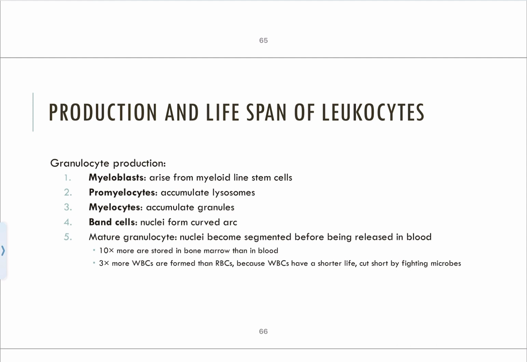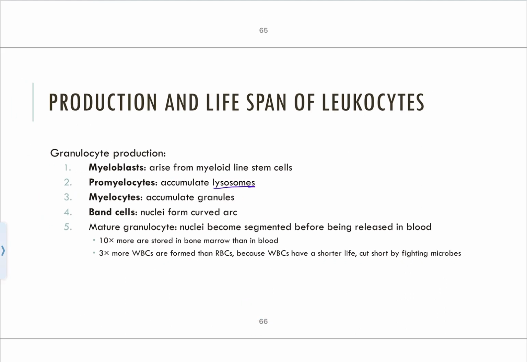So granulocyte production, again, we begin with a myeloblast. Then that's going to develop into a promyelocyte, at which point it's going to accumulate lysosomes. So that's a big characteristic there. Because remember, lysosomes contain digestive enzymes in them, which we would want our white blood cells to have. Then we have myelocytes. This is where we're going to begin to accumulate granules if we're talking about a granulocyte.